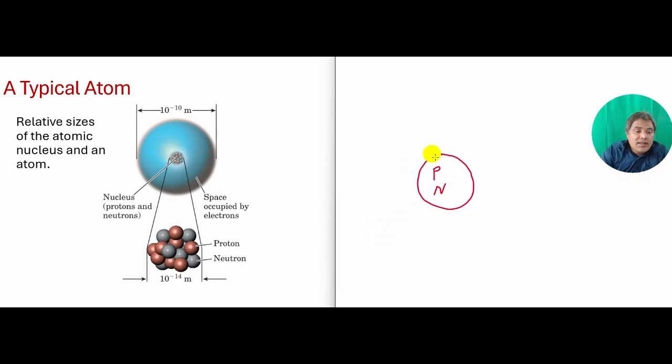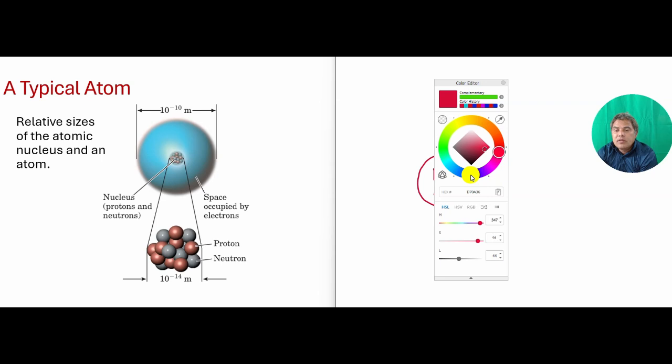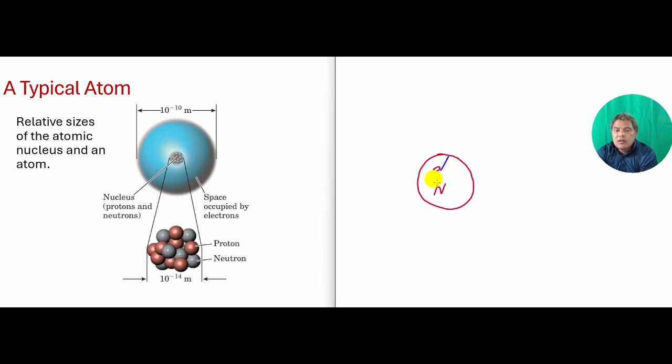And outside that is the space occupied by the electrons. This whole region is occupied by the proton and the neutron. Outside that there is a space, okay guys.